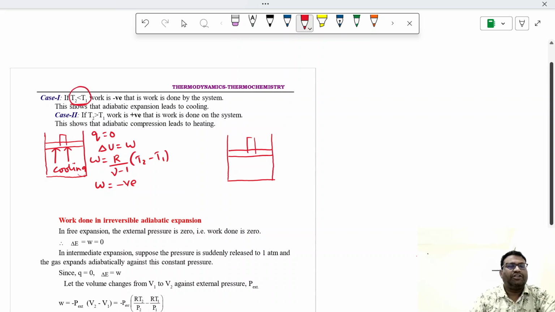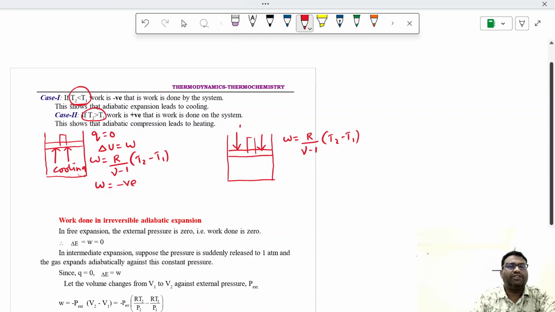Next, the same one, work done is equal to R by (gamma minus 1) into (T2 minus T1). If T2 is greater than T1, then work done will be positive. Positive work means work is done on the system.